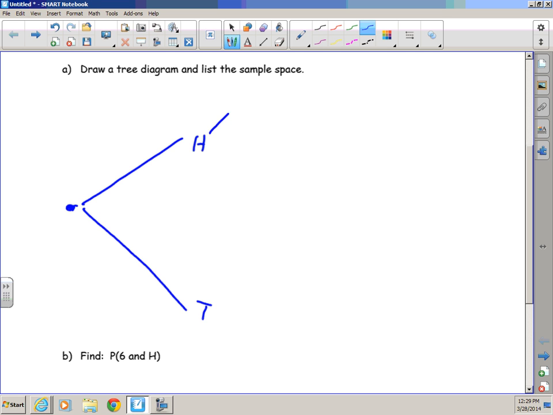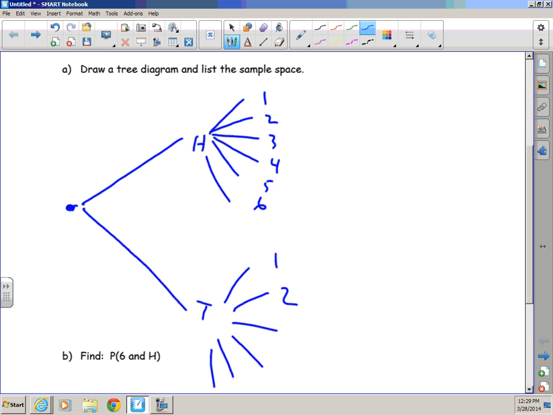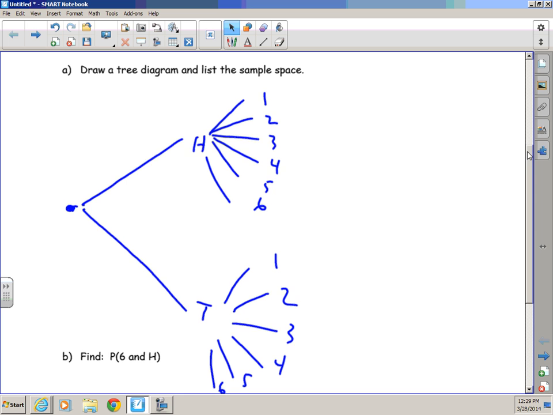So after I do that, I have 6 outcomes for my die, which is 1, 2, 3, 4, 5, 6. And you want to just label things so that people can understand what it is. It's no problem using abbreviations as long as the abbreviations are clear. Okay? So there's my tree diagram.